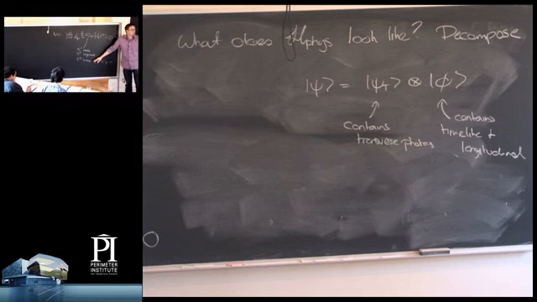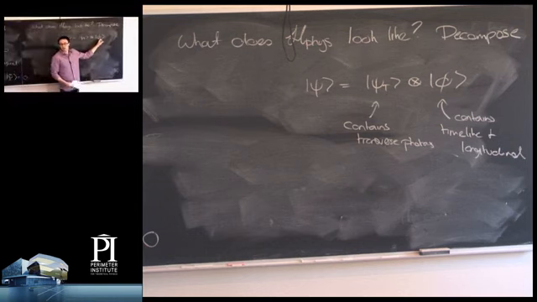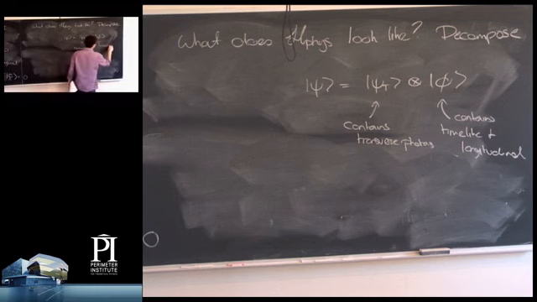And the other part, the phi, tells me how many of the time-like and longitudinal components there are. Okay? Anticipating the fact that I want to keep these guys, but ultimately I'm going to want to do something about these guys. So this contains transverse photons. And this contains time-like and longitudinal.